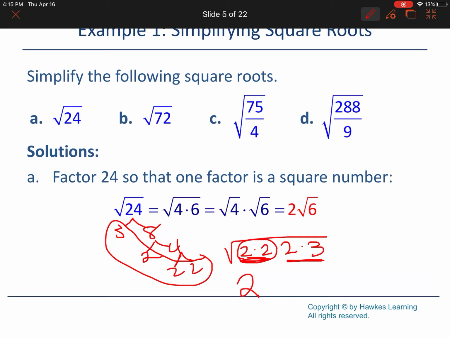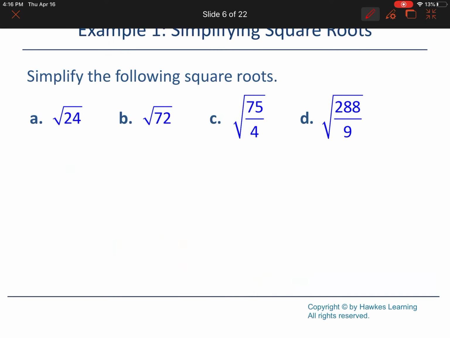And then there aren't any pairs for this one, right? There aren't 2 2s and there aren't 2 3s left, so they stay under and it becomes a 6. So if you have 2 of the same factor, that can come out, whatever that number is, can come out without the radical, right? Because you're taking the square root of that. And if you don't have 2 of them, then they stay under the radical.